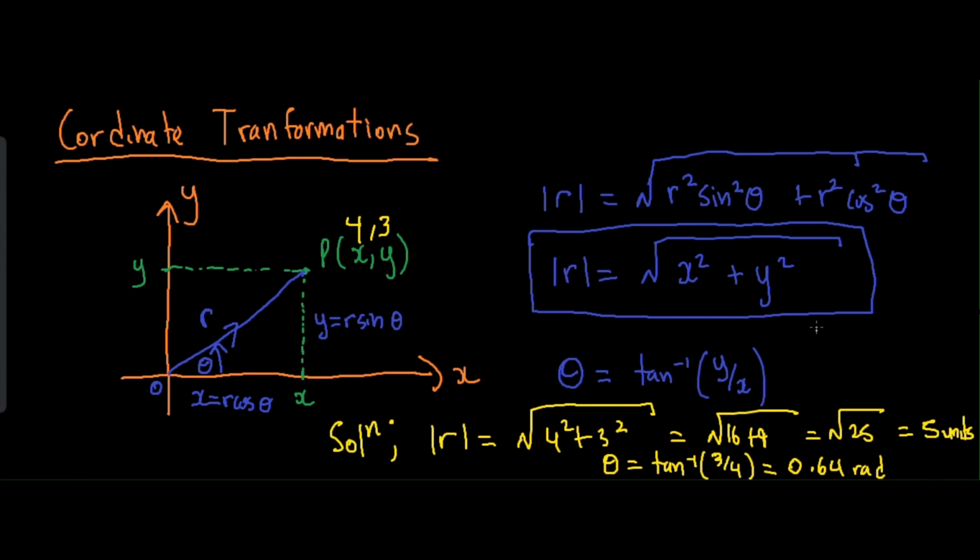So in polar coordinates, this thing here, this Cartesian point, becomes this.